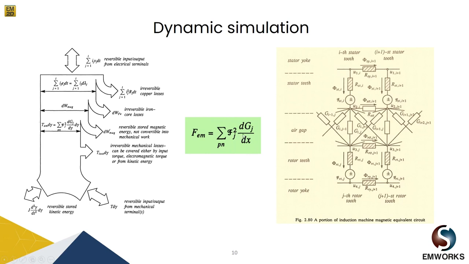Actually, the permeances that are a function of rotor position appear in this equation, because for the rest of the reluctances this derivative will be zero. So the value of these reluctances between rotor and stator teeth will be used for calculation of the torque.